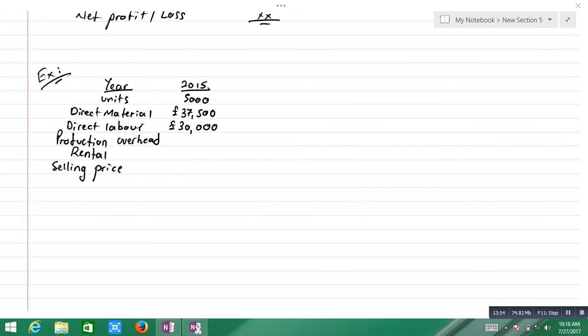That's the information. Then the required is going to be: A, total variable cost per unit.